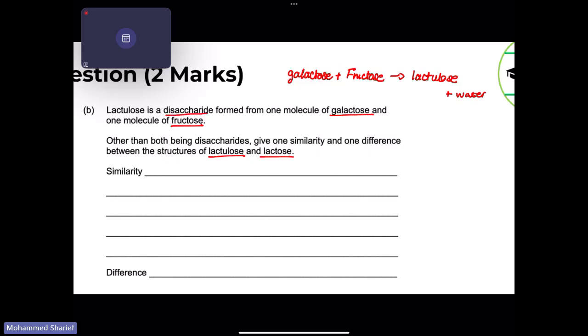Now, because lactulose is a disaccharide, we know in terms of structure that both lactose and lactulose are going to have, as a similarity, both of them are disaccharides, which means both of them are formed from two monosaccharides, which means a condensation reaction must have occurred. And therefore, in terms of structure, both disaccharides are going to contain a glycosidic bond.